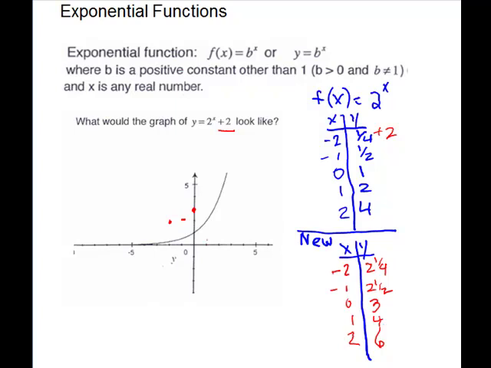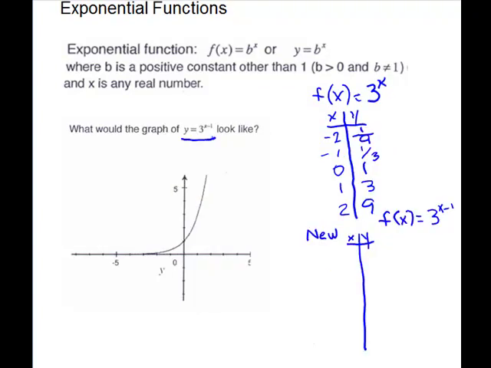So over 1, up 1, 2, 3, 4. And 2, 6. Over 2, up 6. There's 5. About right there. So that is the graph of 2 to the x shifted up 2.